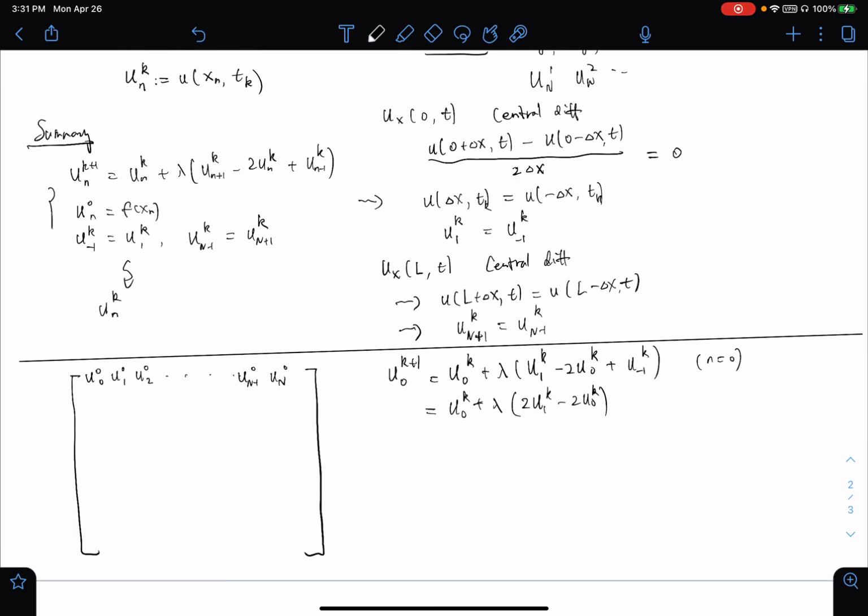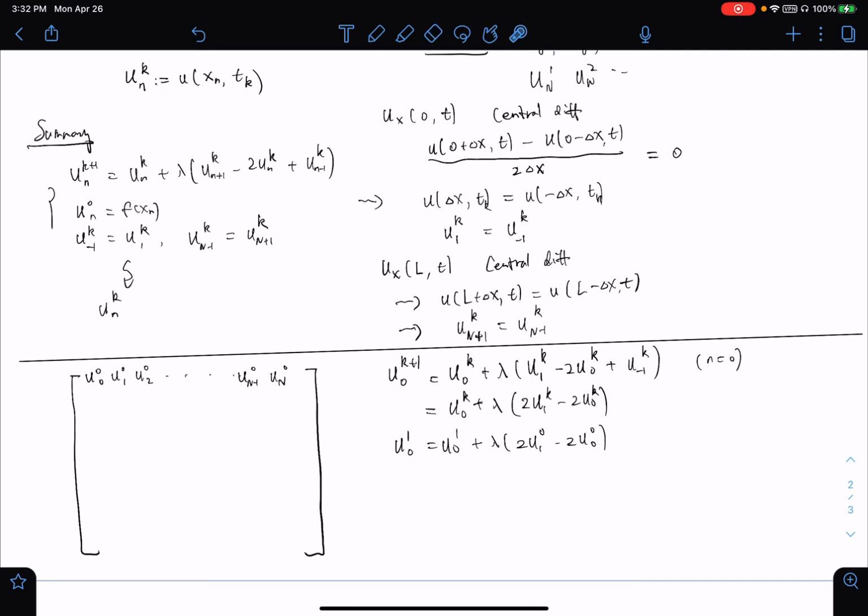So what we're doing is, although we don't know the boundary value explicitly as in the previous example, we can generate, for example, if we would like u0,2, u0,1 for the next time step t1 will be u0,1 plus lambda times 2u1,0 minus 2u0,0.